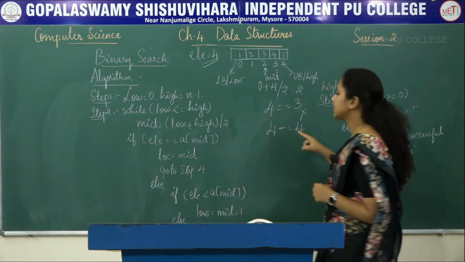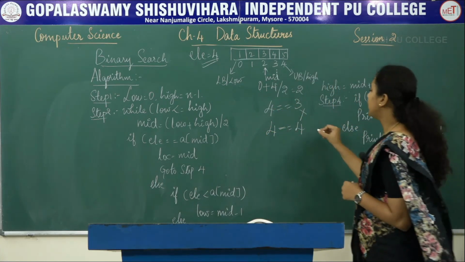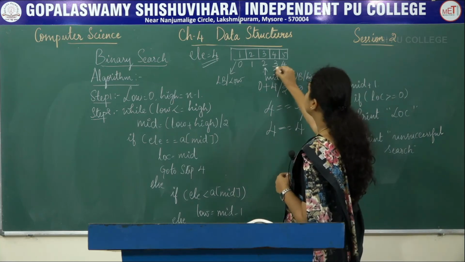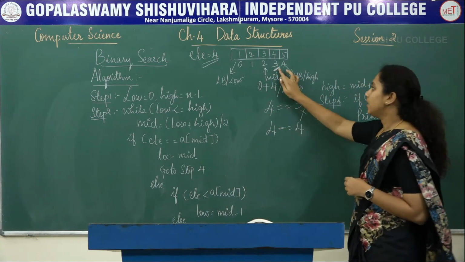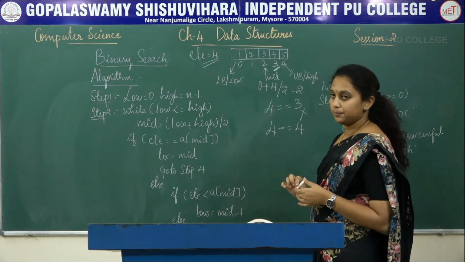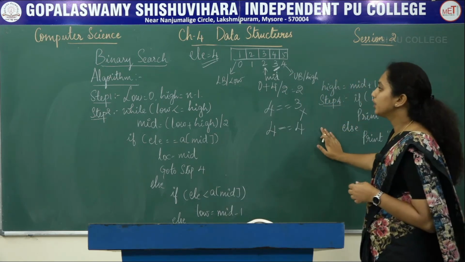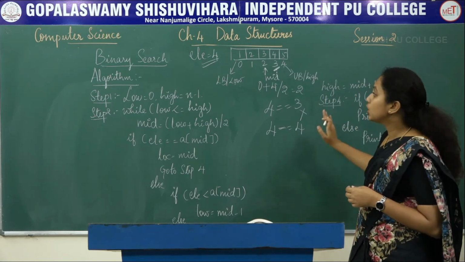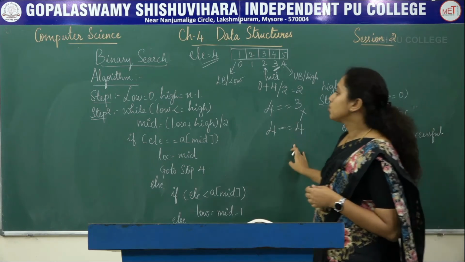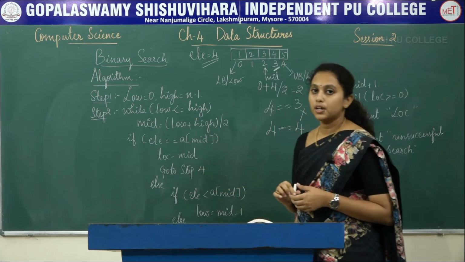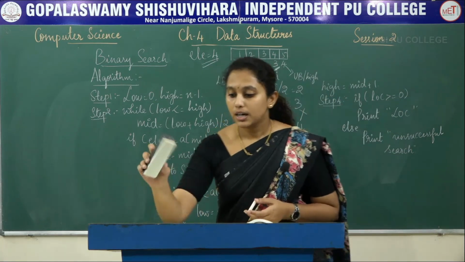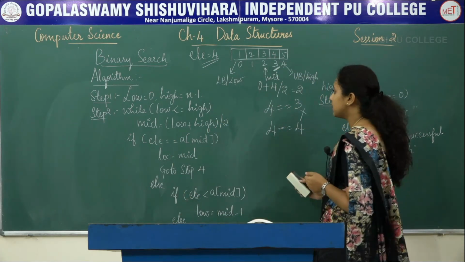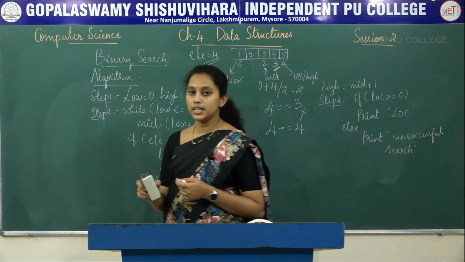So hence 4 is equal to 4, element is found in position 3. Hence the location of 4 is 3 or the position is 3. So this is how we are going to search the location of an element using binary search. Now let's write a program to search the location of an element using binary search.